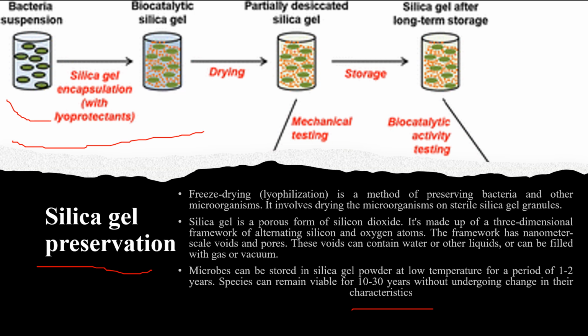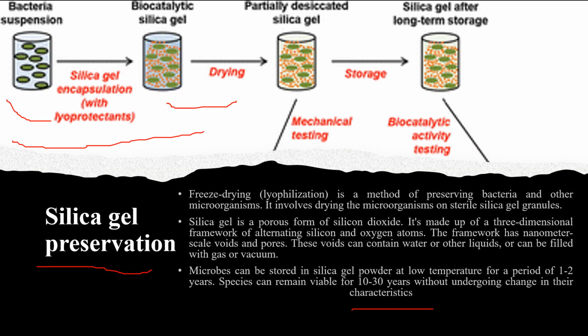They protect these cells from damage, such as DMSO, glycerol, hyaluronic acid. Then we will dry the cell suspension, and after that partially desiccated silica gel will form and this can be preserved for long-term storage.